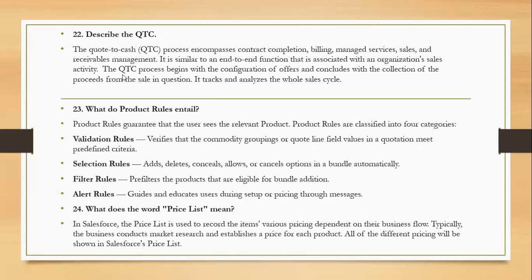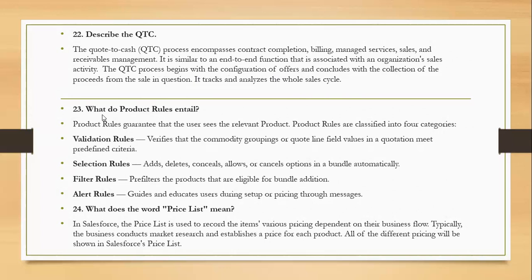The key QTC process begins with the configuration of the offer and the contract, with the collection and corrections of the process from the sales in the quote. It tracks and analyzes the whole sales cycle.